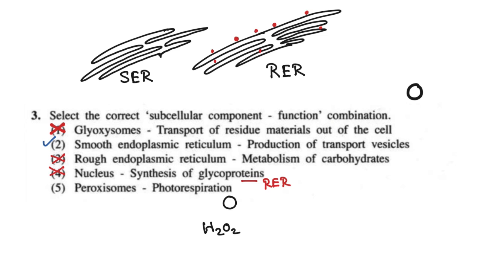So the function of peroxisomes is detoxification of peroxides, but in plants they do photorespiration. So number 5 is also correct. So this question has two answers. Both 2 and 5 are correct.